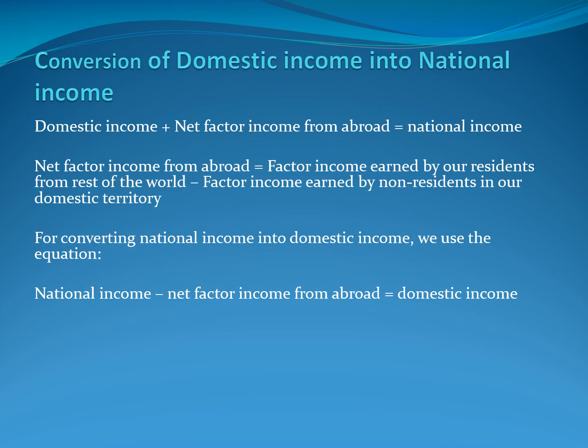So national income is a much wider concept. Now, how do we convert domestic income into national income? When we add net factor income from abroad to domestic income, it becomes national income.